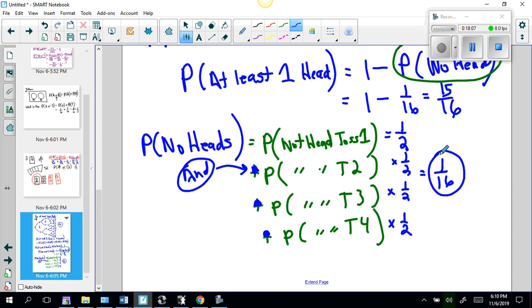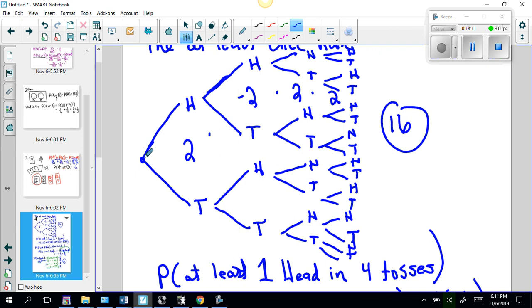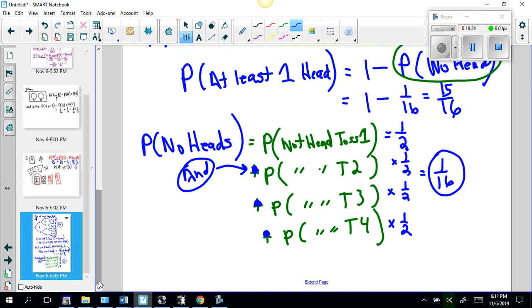So they're trying to get clever. They're saying, hey, Verbsky, you don't have to draw the tree. I knew that there's one chance out of 16 because I can see it, but 1/2 times 1/2 times 1/2 times 1/2 is 1/16.